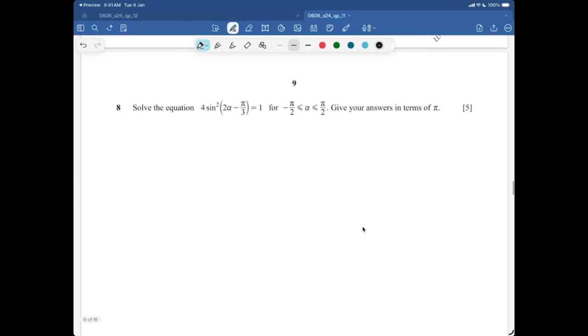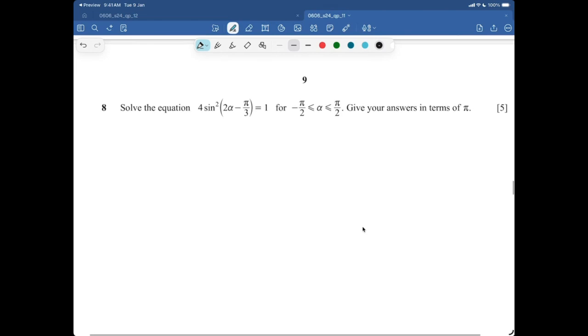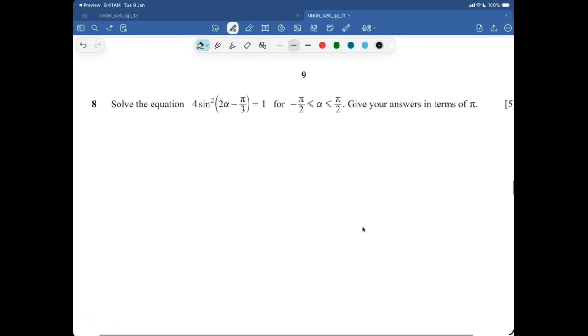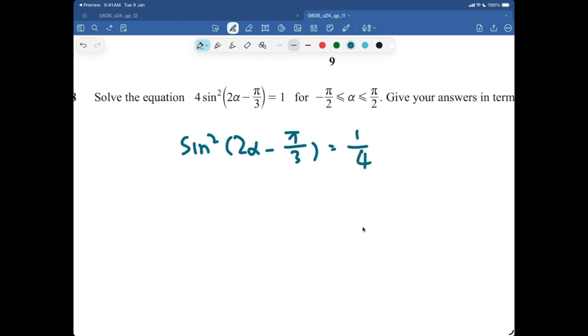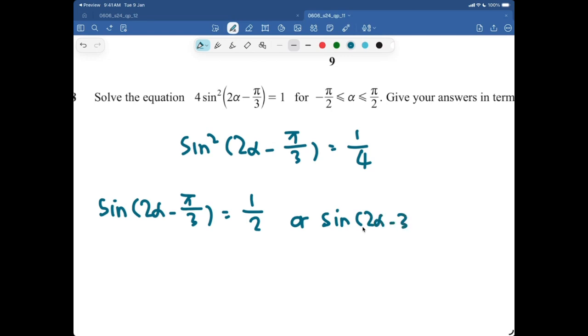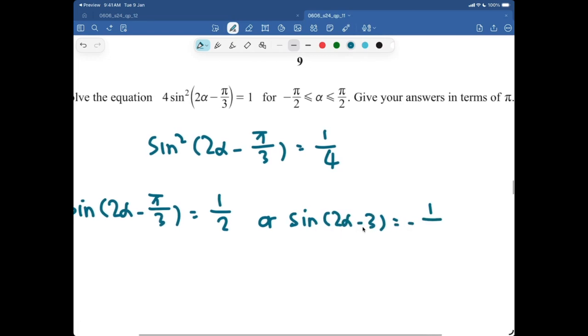Okay, this is where hell comes from. All we have to do is make sure that we do not miss a solution. So we first write sine squared of (2 alpha minus pi over 3) equals 1 over 4. So sine of (2 alpha minus pi over 3) equals 1 over 2, or sine of (2 alpha minus pi over 3) equals negative 1 over 2.